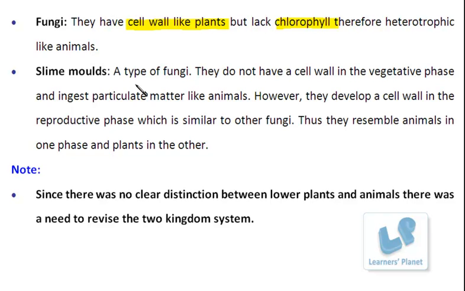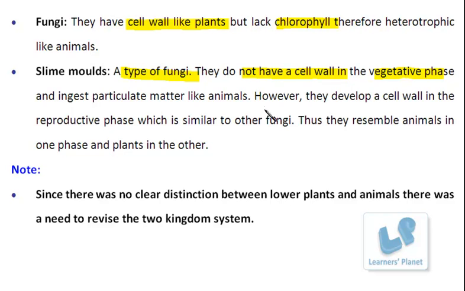Next thing is these slime molds. It is a type of fungi. They do not have a cell wall. See, presence of a cell wall is a typical feature of the plant cell. Now, fungi always have the cell wall. But if we are discussing these slime molds, then they do not have a cell wall in the vegetative phase.